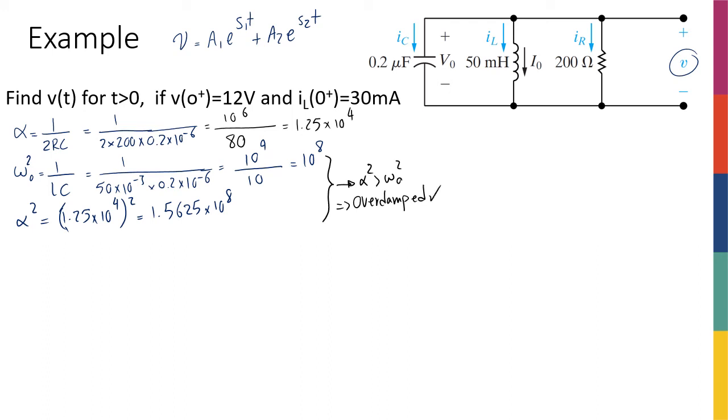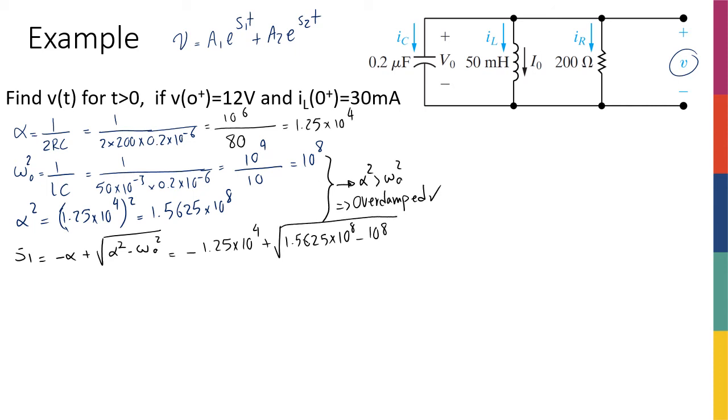Now, first thing first, I have to find S1 and S2. I know that S1 is equal to negative alpha plus the square root of alpha squared minus omega naught squared. So it's going to be equal to negative 1.25 times 10 to the 4 plus the square root of 1.5625 times 10 to the power of 8 minus omega naught squared, which is just 10 to the power of 8.